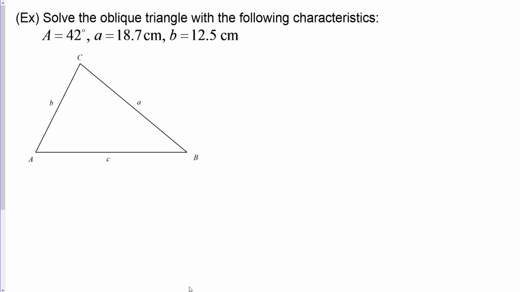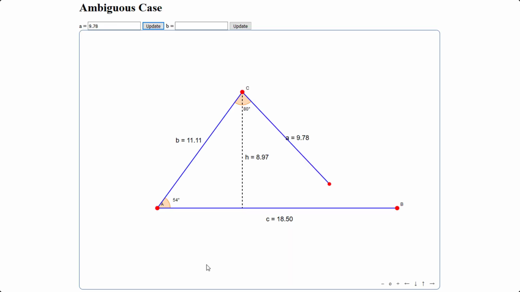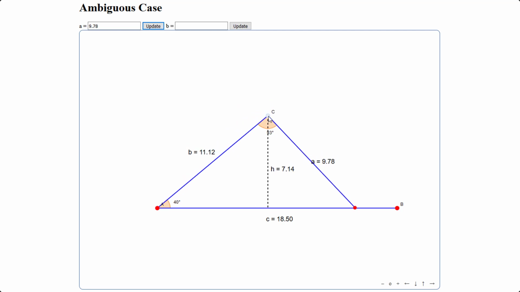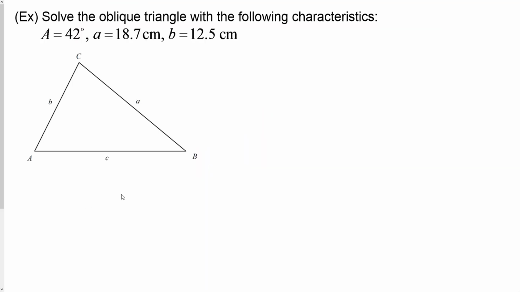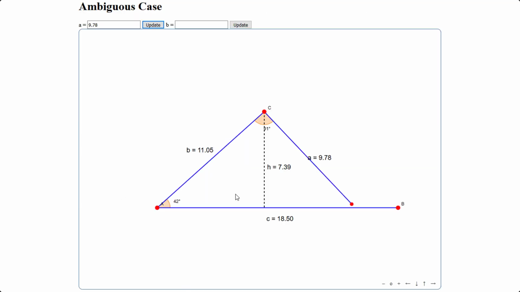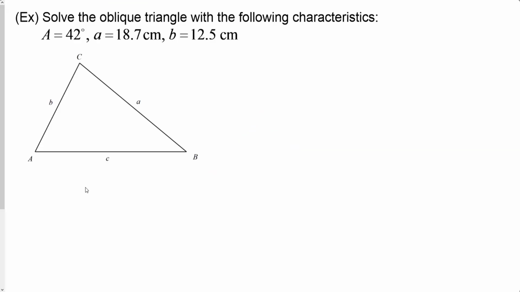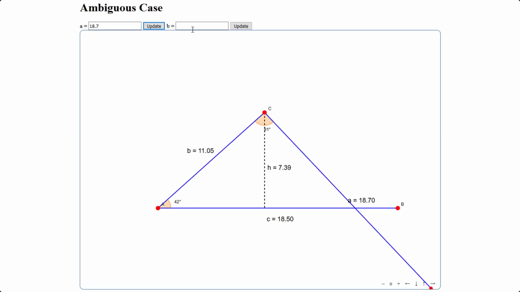So if I were to work this using the applet, angle A is 42 degrees, so I'll just change this point till I get about 42 degrees. Side A was 18.7 centimeters, so I'll make this 18.7 centimeters. And side B was 12.5 centimeters.